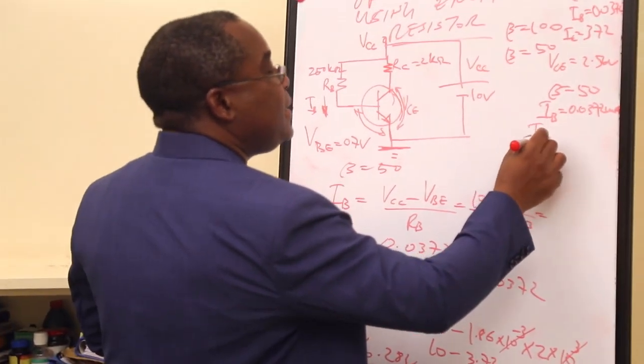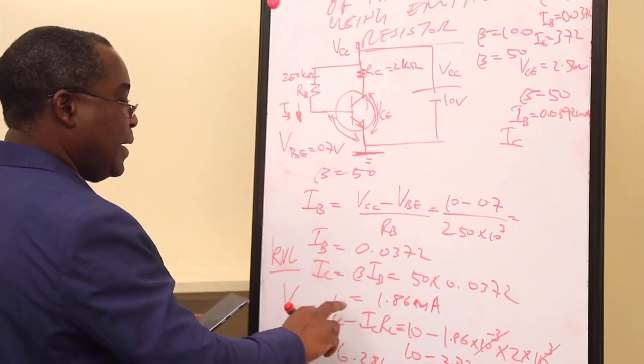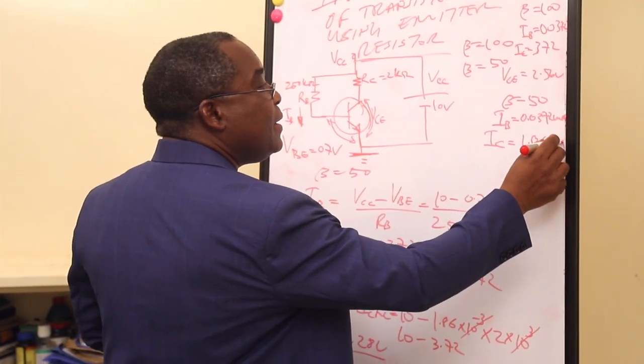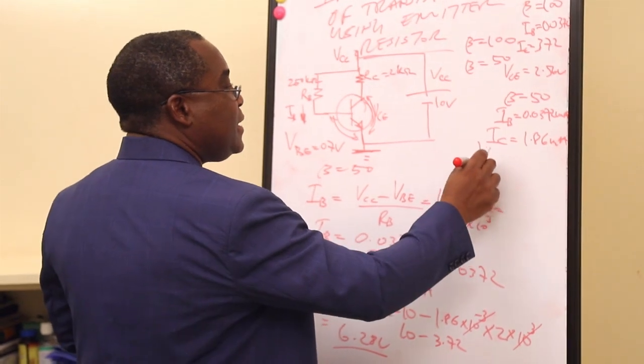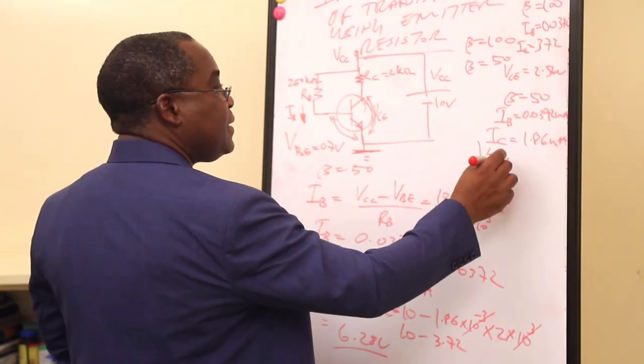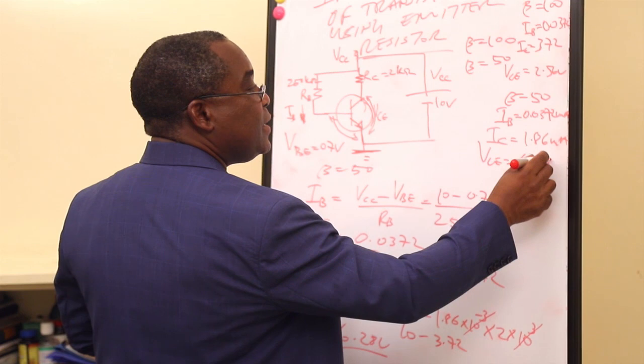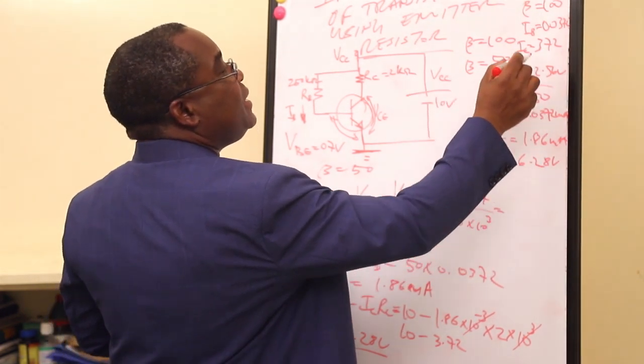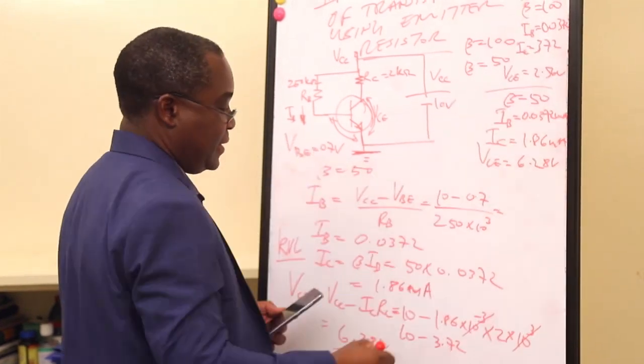Our IC at beta at 50 is equal to 1.86 milliampere. And also our VCE is 6.28 volts. Here it's beta at 50 and here beta at 800.